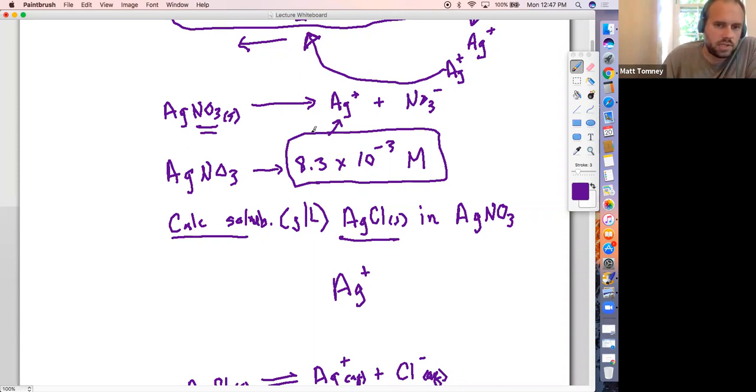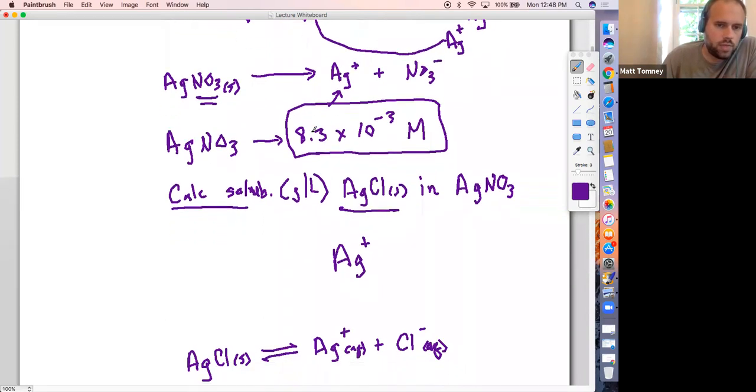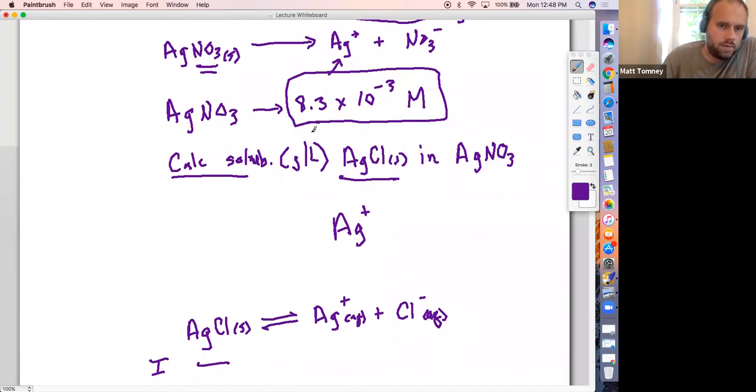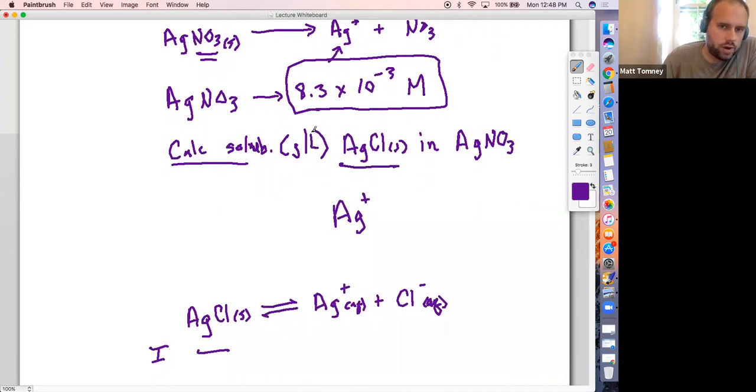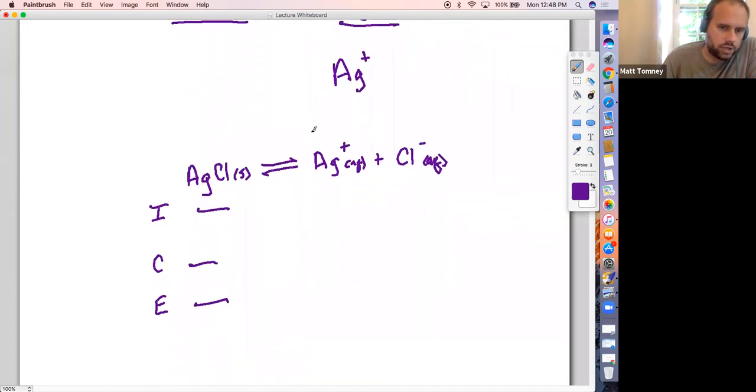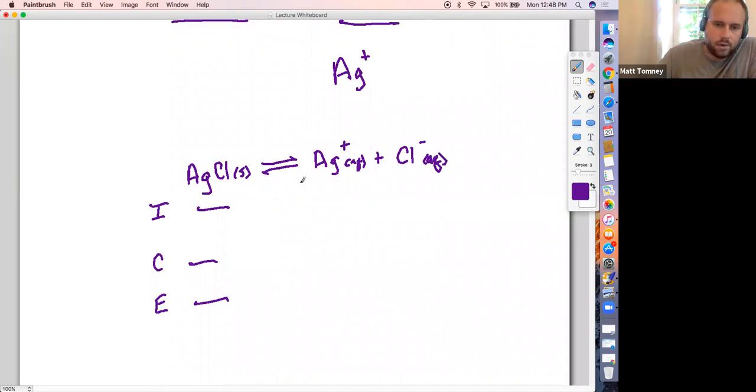All right, but because this is 1-to-1, then we can assume that if it goes to 100% dissociation, all of the concentration for AgNO3 gets converted into concentration for silver as well as concentration for nitrate. So the value in this chart is going to be 8.3 times 10 to the -3rd.